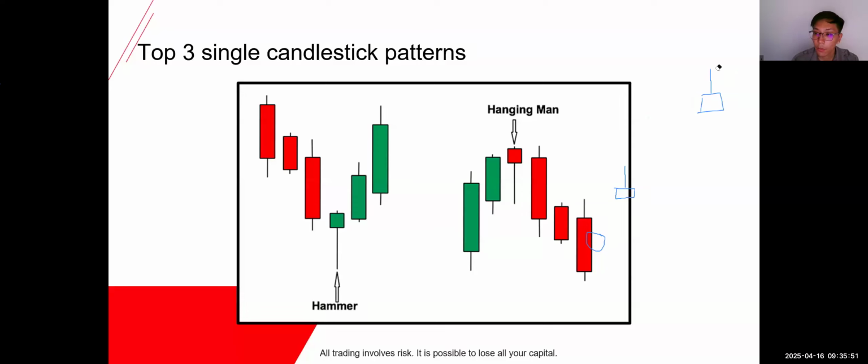Let me repeat myself. So don't confuse yourself, okay? Hammer is for bullish, right? Just now that example, we are looking for sells. So hammer is for bullish, and then similarly hanging man is like this.